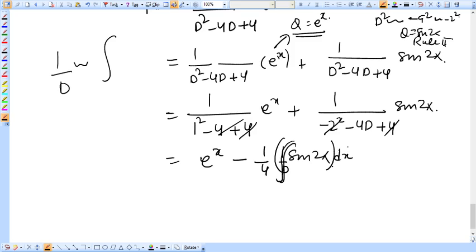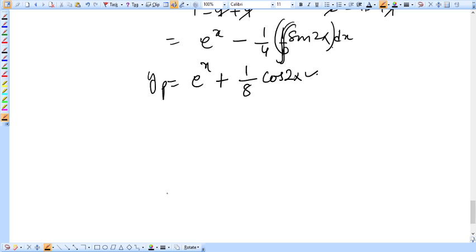So we know the integration of sine 2x is minus cos 2x divided by 2. So it would become plus 1 by 8 cos 2x, right? So this is yp. So the complete solution y is equal to yc plus yp.